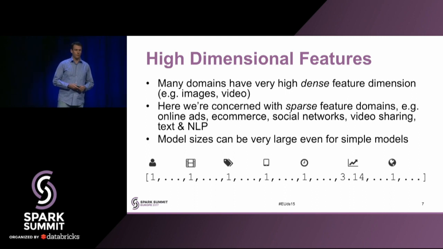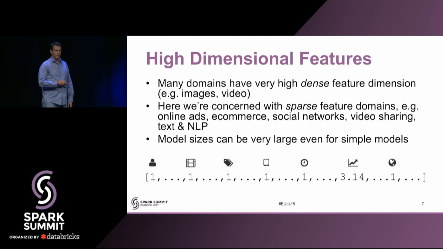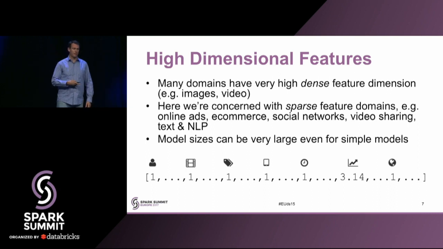So the types of domains like recommendation engines, e-commerce, online advertising, social networks, video sharing sites, text and natural language processing. Typically, you have many different features, and some of them have extremely high cardinality. So for example, we might be looking at user IDs in an e-commerce site or an online advertising setting.